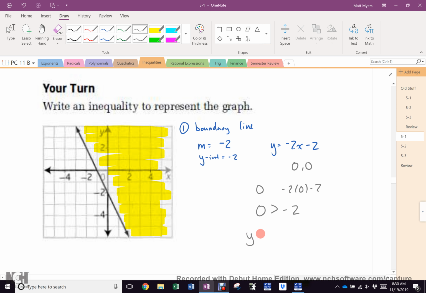So y is greater than or equal to, why do I need it here? Because it's a solid line. Negative 2x minus 2. Because I went up 2 and ran negative 1.